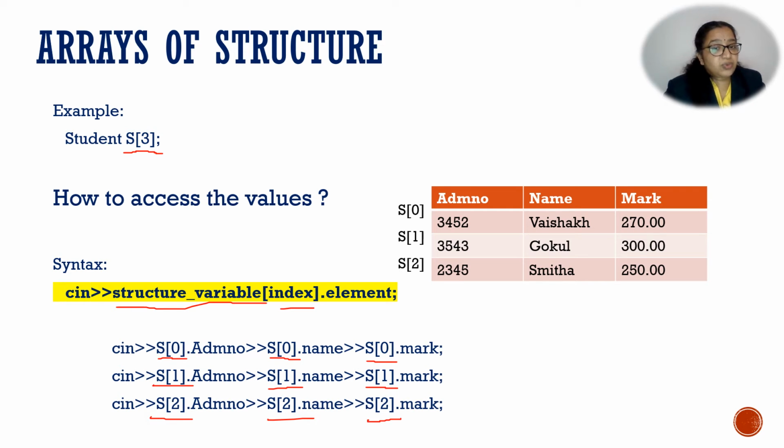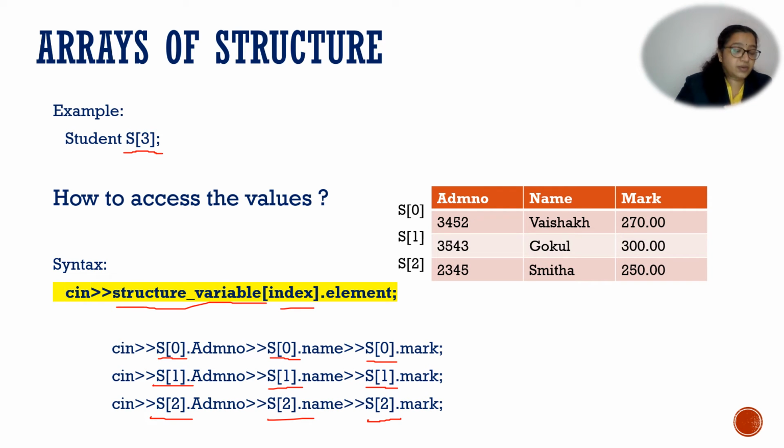Then S of 2: 2345, Smita is the name, 250.00. See? So only what we want to specify? Index number with structure variable. Okay, so this is the way of assigning arrays of structure.